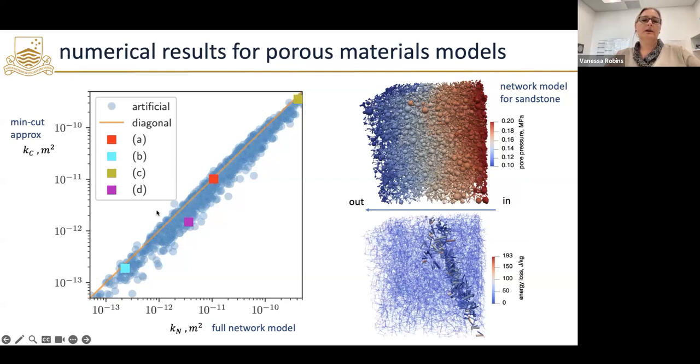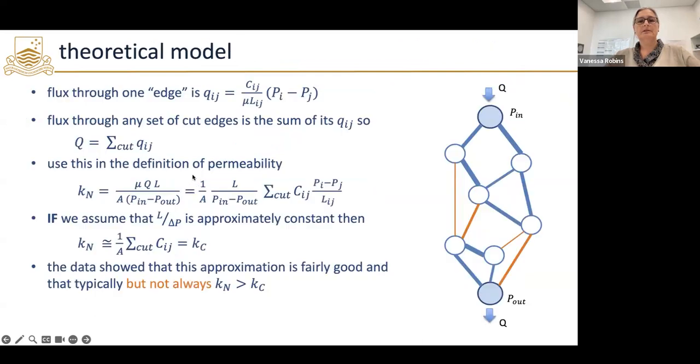So why would that happen? What's going on? The network model and the min cut model will be identical if we assume that the length divided by the pressure drop is constant across the sample.